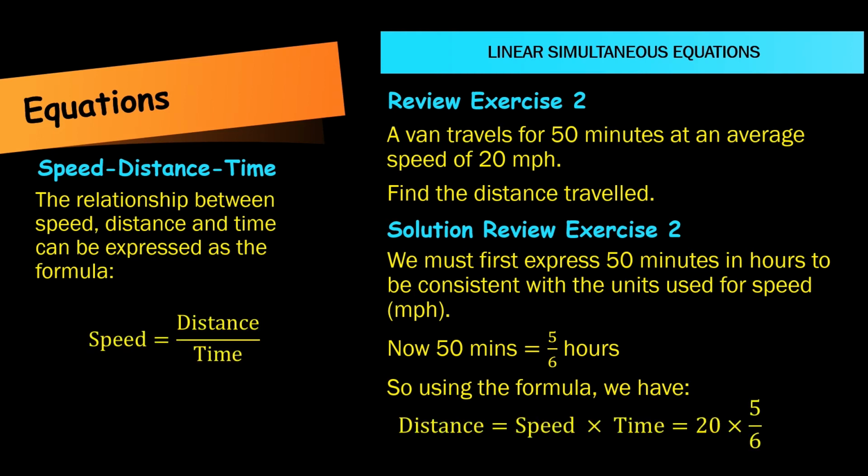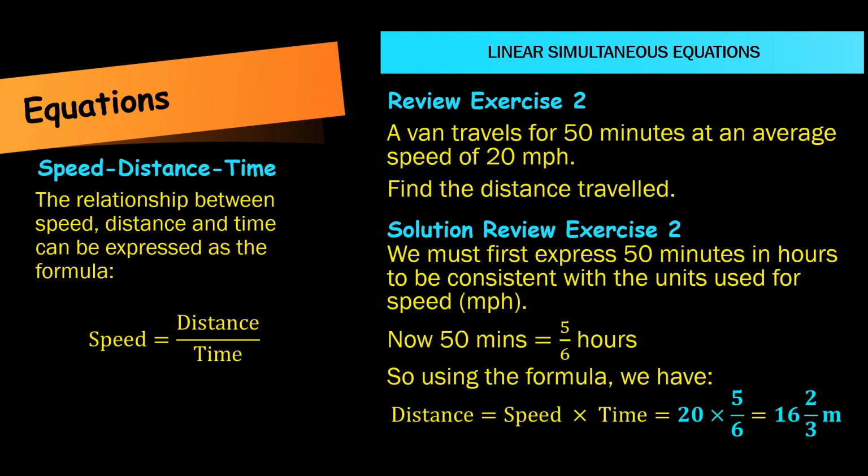So plugging in the values, we have 20 miles per hour for speed and 5/6 hours for time. And this gives us that the distance is equal to 16 2/3 miles.